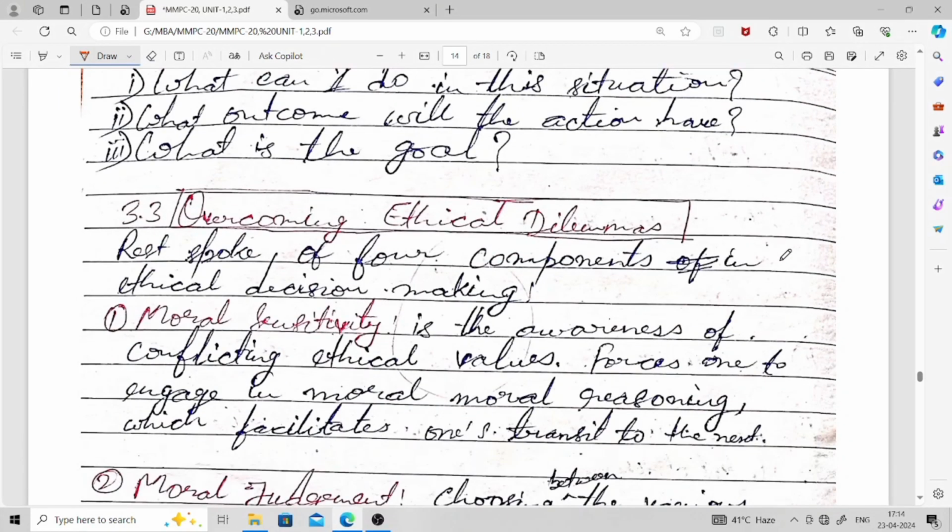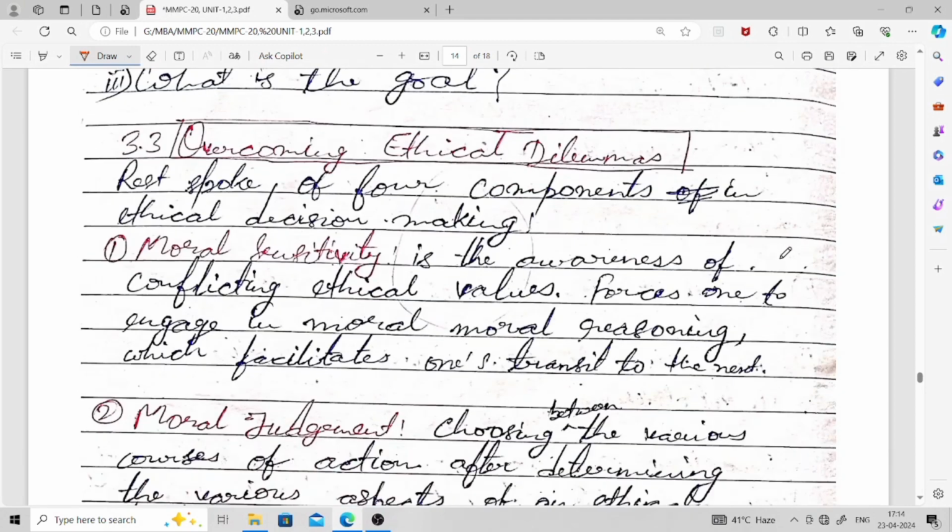Overcoming ethical dilemmas. So how can you overcome ethical dilemmas? First, this person Rest spoke of 4 components in ethical decision making. The first component is moral sensitivity.